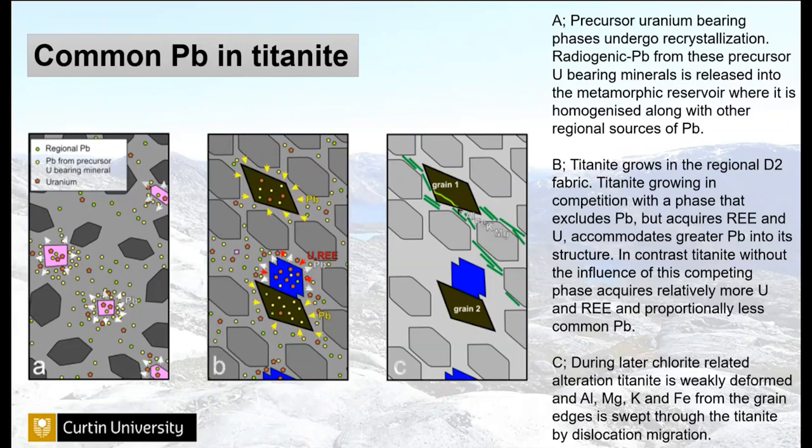Our clock essentially is started at this time in our titanite grain, and we have a later process which seems to be associated with epidote and also micas that fractures some of our titanite grains parallel to the fabric, and that also migrates in aluminium, iron, potassium, and magnesium, but isn't able to migrate in lead.